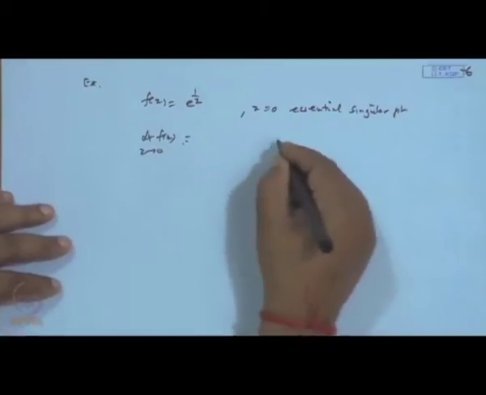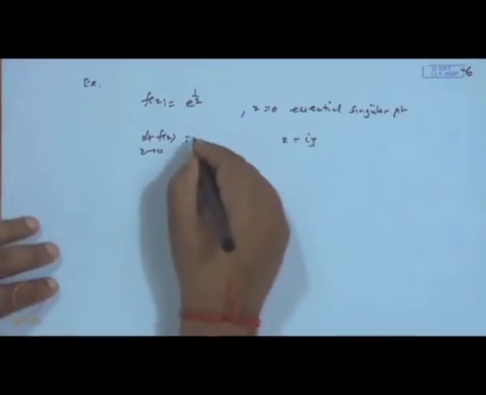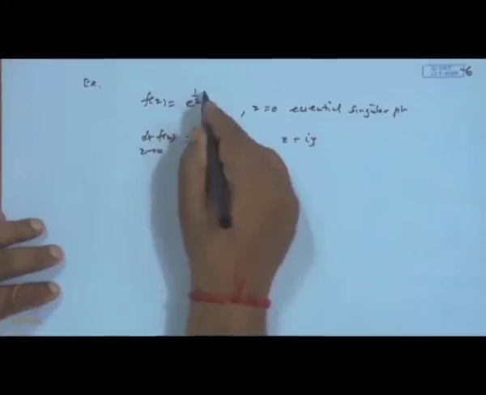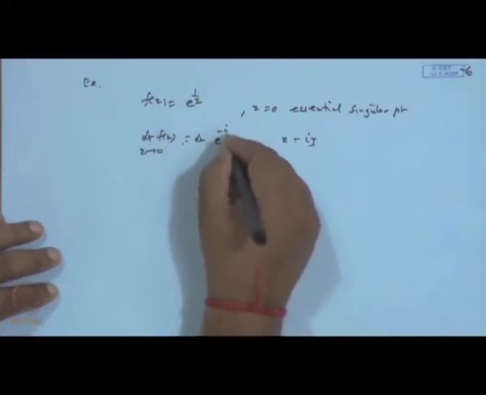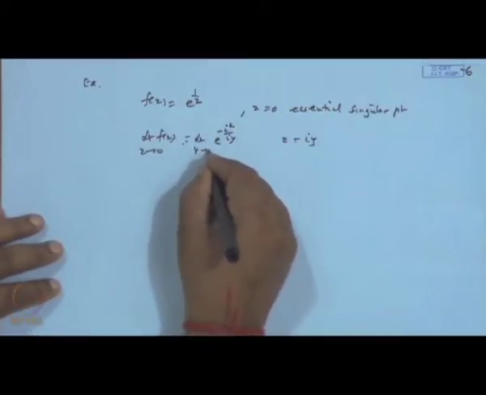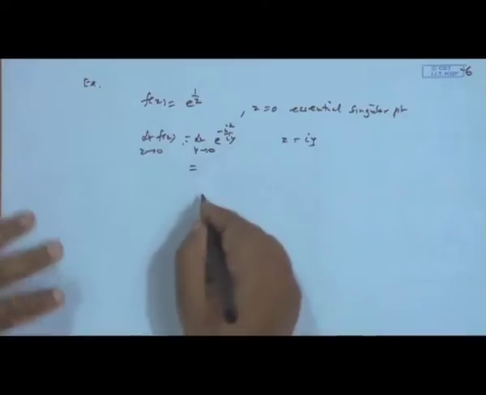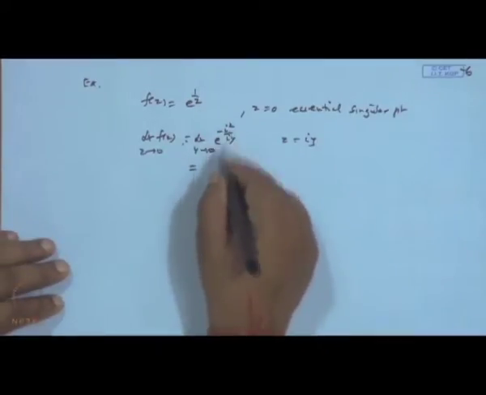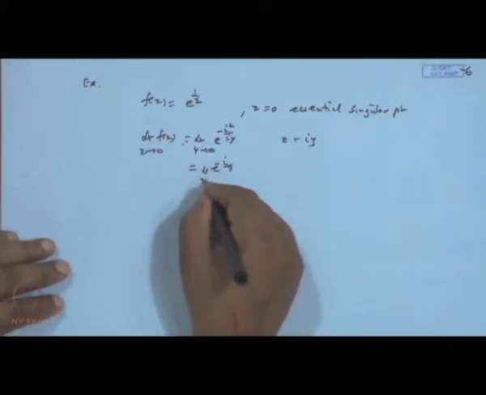If I take z to be iy, then e to the power 1 by iy means e to the power minus i over y, as y tends to 0.